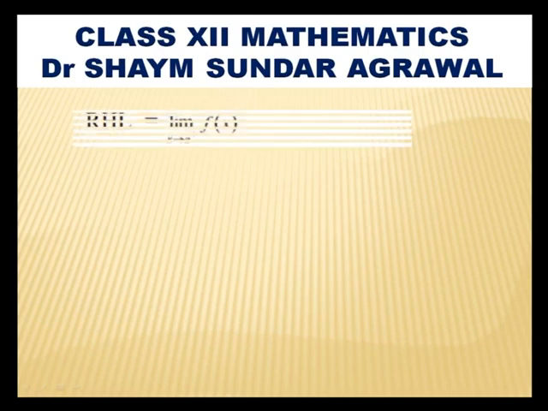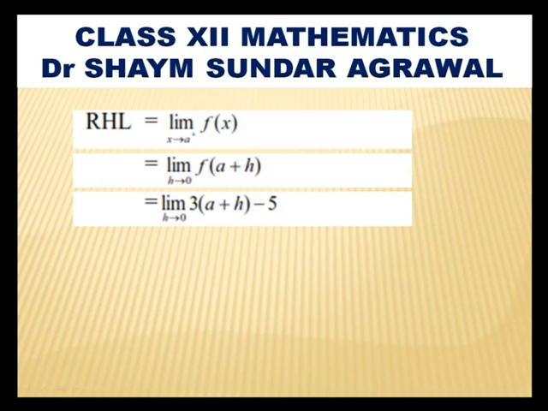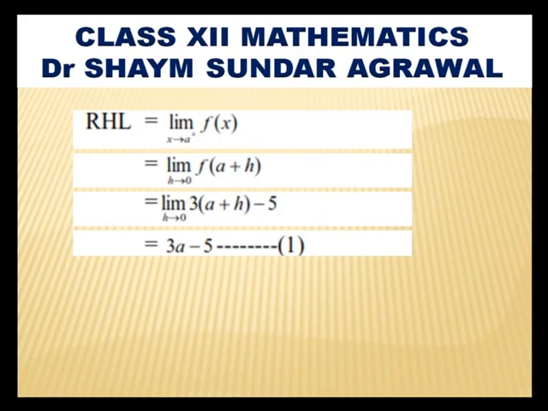Similarly, the right hand limit, limit x tends to a+ f(x), is limit h tends to 0 f(a + h), that is limit h tends to 0 3(a + h) - 5, which is 3a - 5 by putting the limiting value 0. So left hand limit is equal to right hand limit, hence the limit exists.